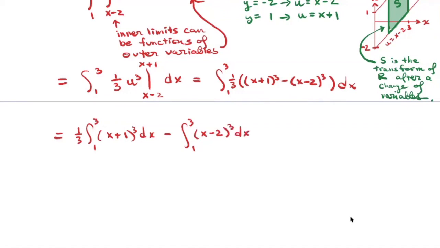So I'll have v be x plus 1, and dv is dx. And over here, let's do w is x minus 2, so dw is dx. I think we can easily update these.